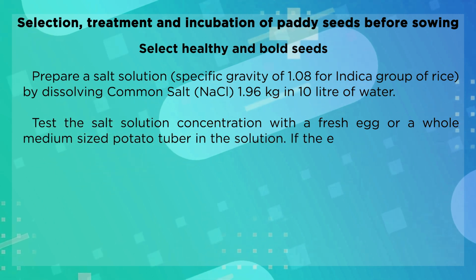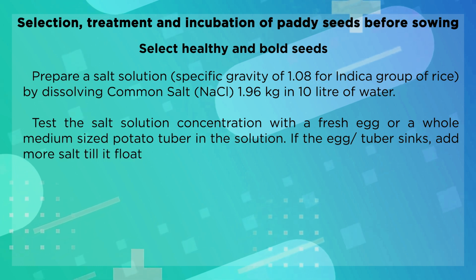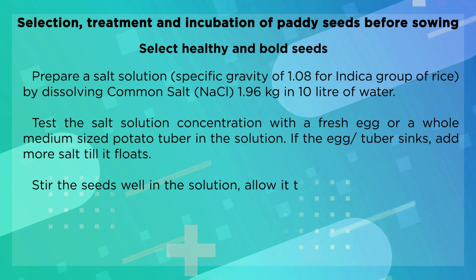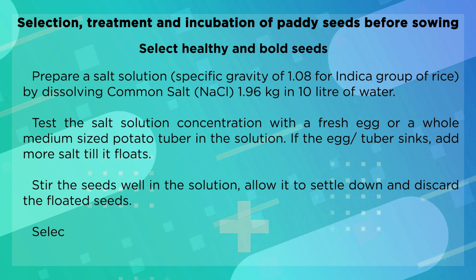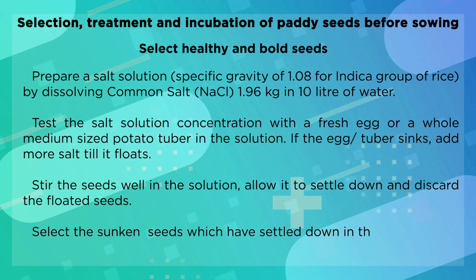If the egg or the tuber sinks, add more salt till it floats. Stir the seeds well in the solution, allow it to settle down and discard the floated seeds. Select the sunken seeds which have settled down in the solution.